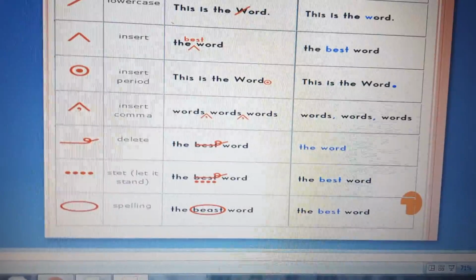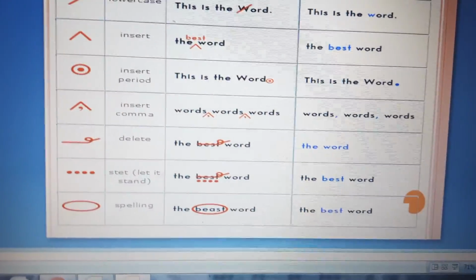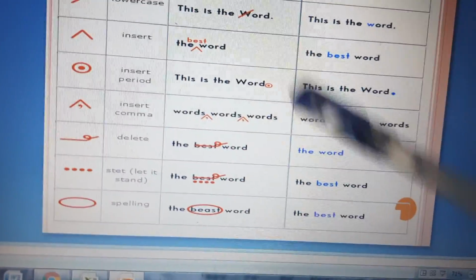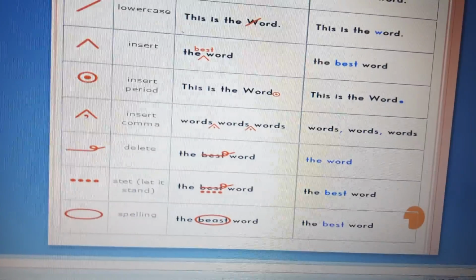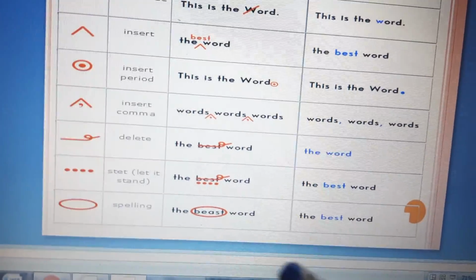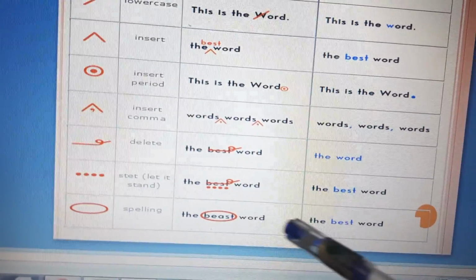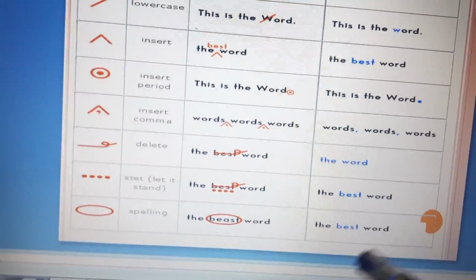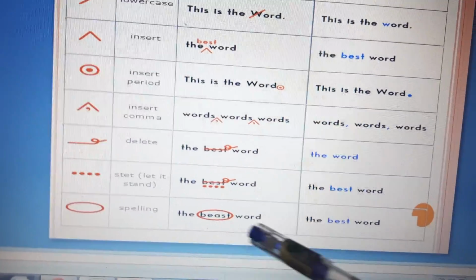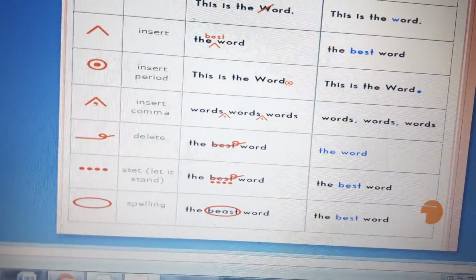Here, insert a comma. Delete a word. Okay, and the last one, spelling. Good.